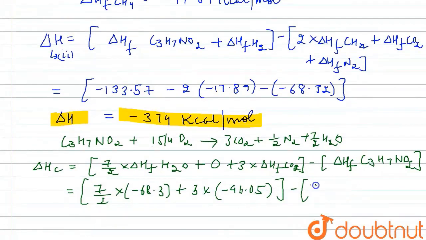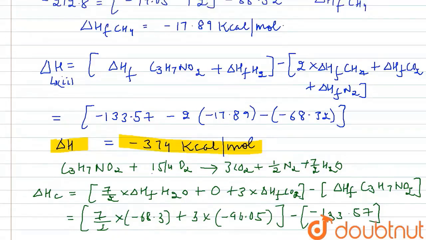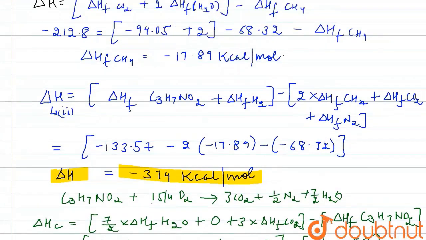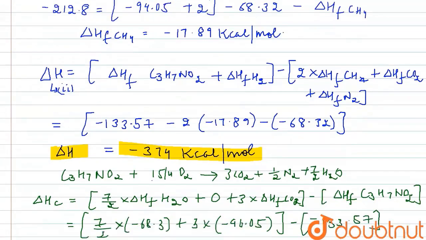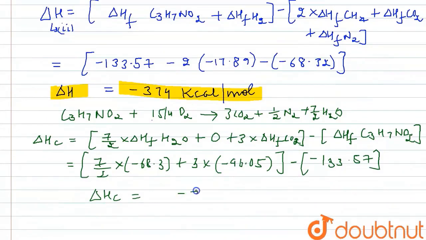Minus 133.57. Now solve this value, we are going to get the enthalpy of combustion here. So upon solving and adding and subtracting the values, I am getting delta H of combustion equal to minus 387.7 kcal, but what do we have to calculate?